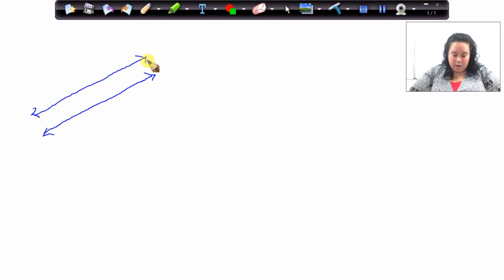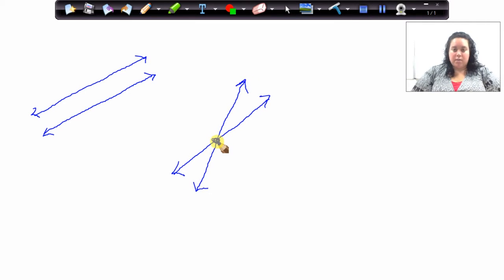These lines are both increasing, and they're increasing at the same rate. It's not like one is more steep than the other, because if one was more steep, for example, what if the second one was more steeply increasing, then somewhere they would have to cross.